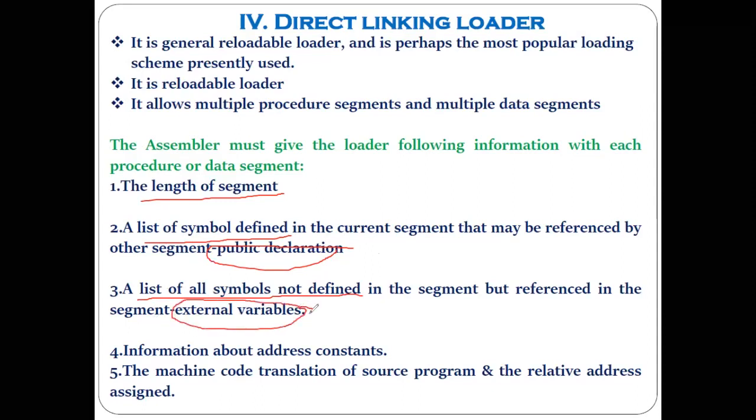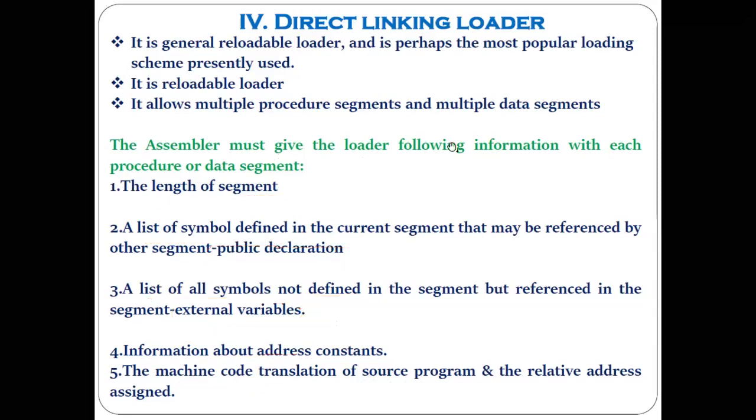So external variables are variables being utilized in a certain function or procedure without being declared in it. They are declared in some other function or procedure, and from there you are utilizing them in the current procedure or function. That is the reason they are referred to as external variables. Fourth is the information about the address constants, and fifth is the machine code translation of the source program, that is, the machine program itself, which has to be given by the assembler to the loader.